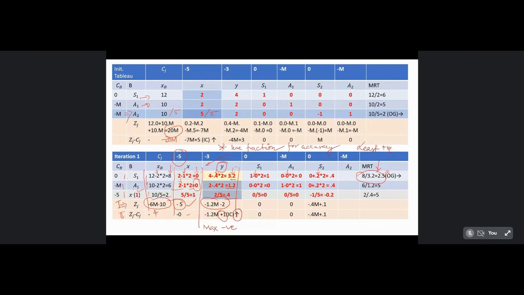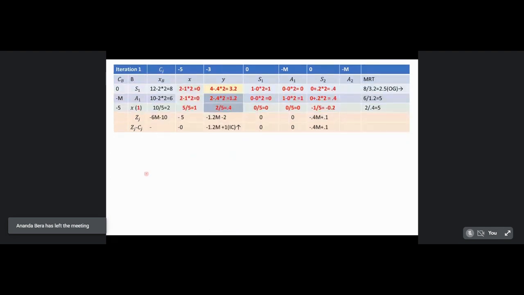So this is your outgoing, this is leaving, and this is coming in. তাহলে কি হবে, যেটা পরের টেবিল হবে সেইখানে S1 এর পরিবর্তে we will write y, and this will be replaced by the magnitude of y. So this will become -3. Okay. So this is your copy of iteration 1.